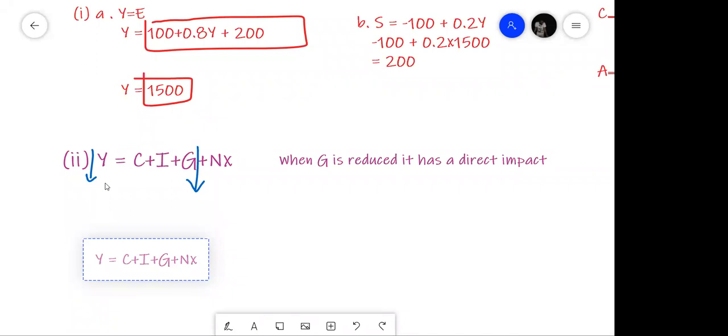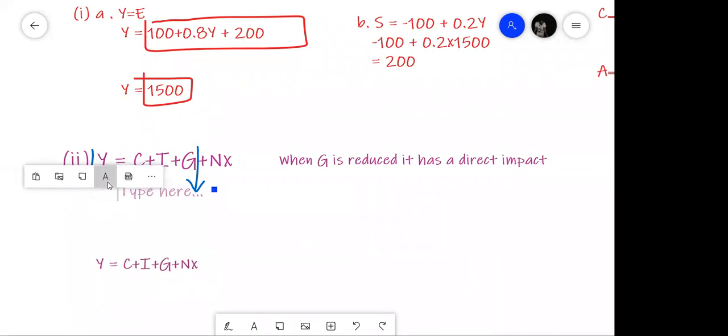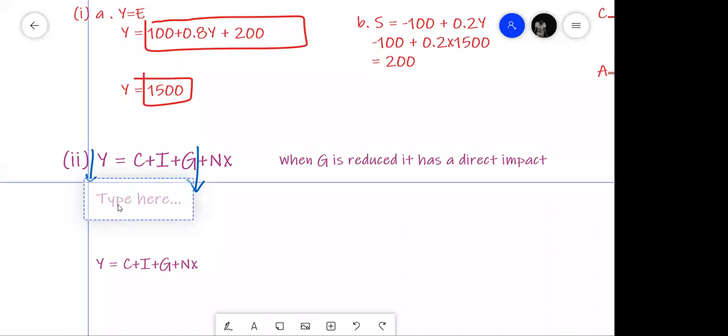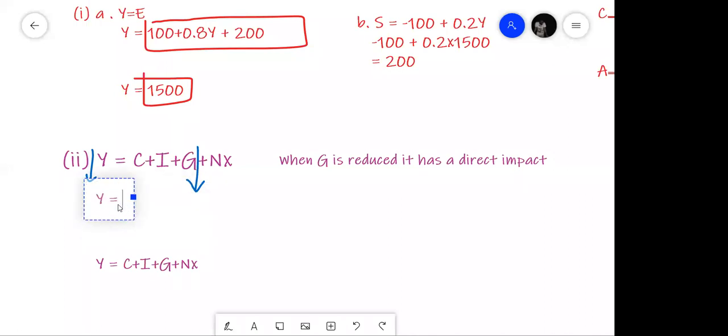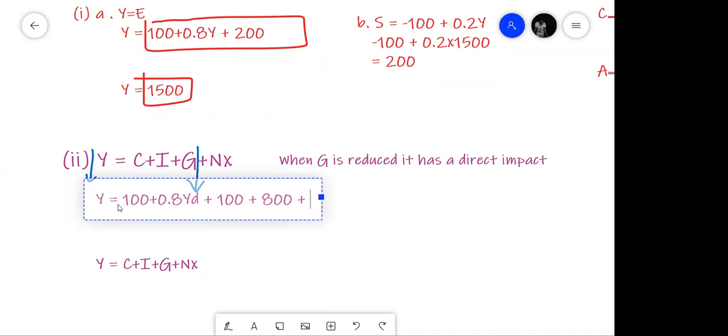Okay, I'll just give you numbers if you want, right? So let's make a small assumption here, right? Let's say consumption, guys, I'll just give you some random numbers, okay? So C equals, let's say 100 plus 0.85D. And then let's say investment is another 100. Government purchase is, let's say, 800 and net exports is, let's say, 50.